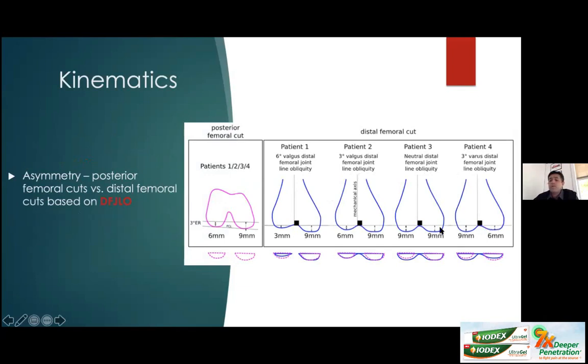Now this is going to be your distal femoral cut if you look at a mechanically aligned model. You also look at the posterior femoral cut in a mechanically aligned model, and now you realize that you uniformly perform 3 degrees of external rotation for all of these patients. There is going to be an asymmetry between the posterior and distal femoral cut. So that is going to be a problem.